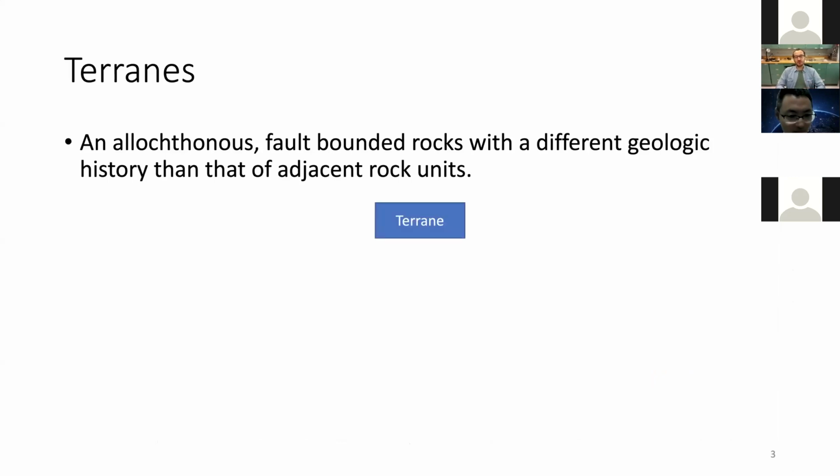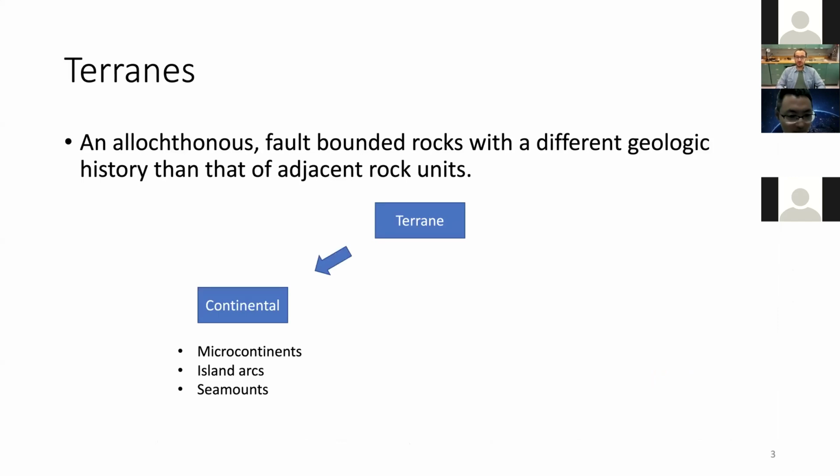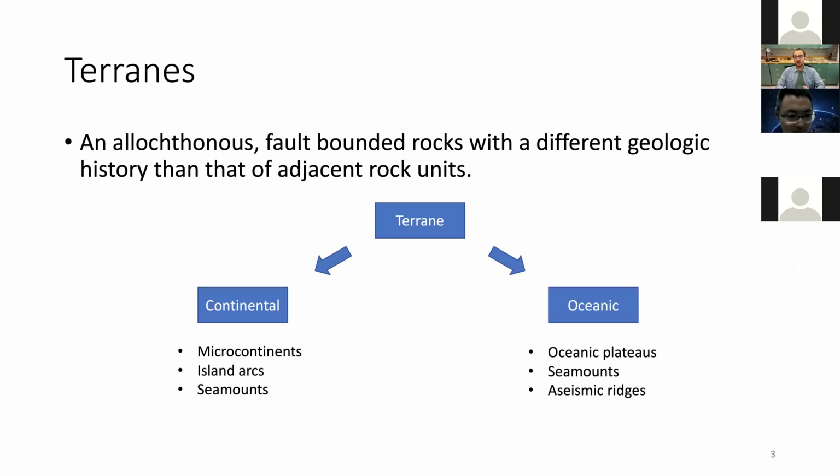They could be continental, such as microcontinents and island arcs, or oceanic in origin, such as oceanic plateaus, seamounts, and aseismic ridges. Today, in the first part of this talk, I will focus more on microcontinents or continental terranes, and later I will talk about oceanic terranes as well.